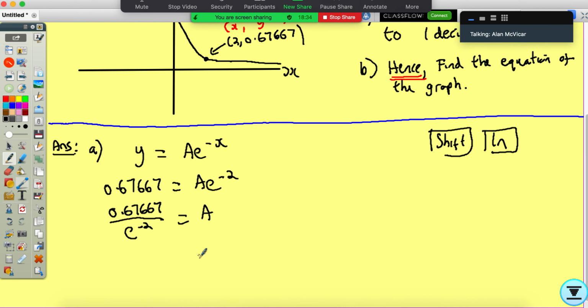So if I type that into my calculator, 0.67667 divided by e to the power of negative 2, so hopefully you can get that in your calculator. And hopefully your calculator gave you 4.999 and a whole lot of other stuff. Which, for my money, rounded to one decimal place, is 5.0.